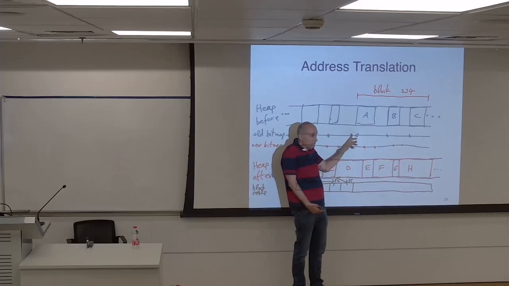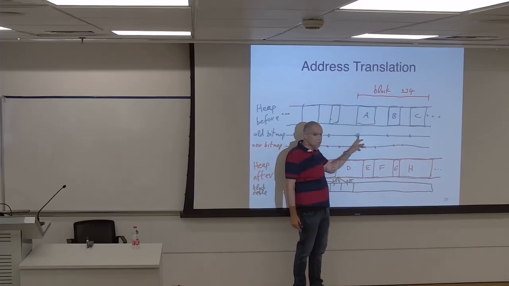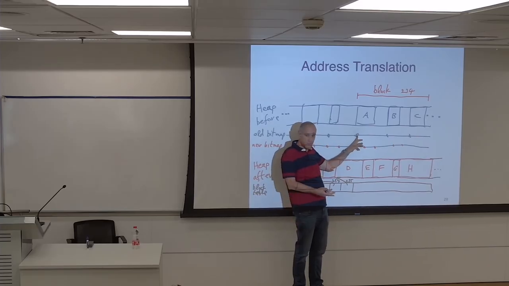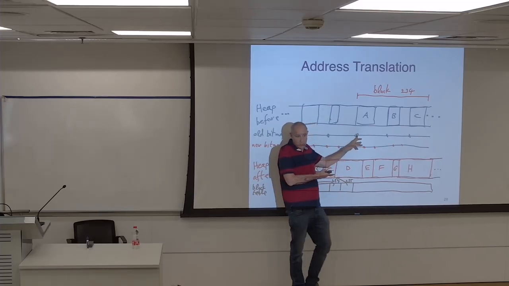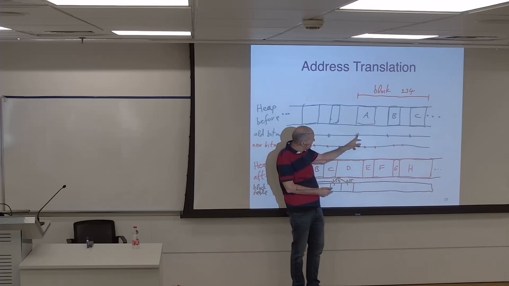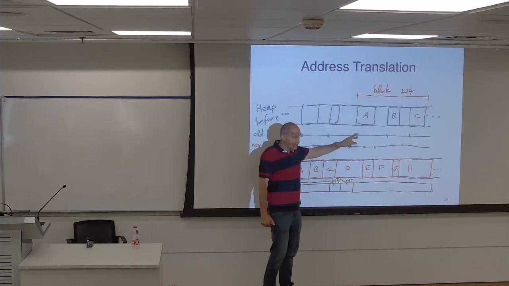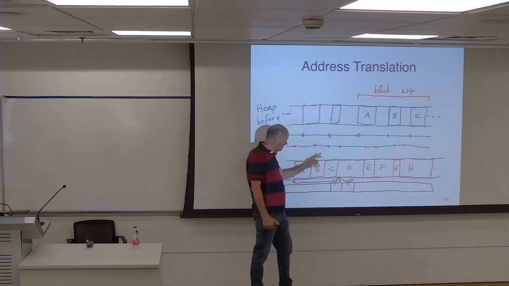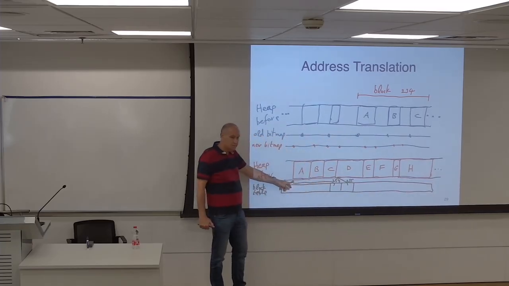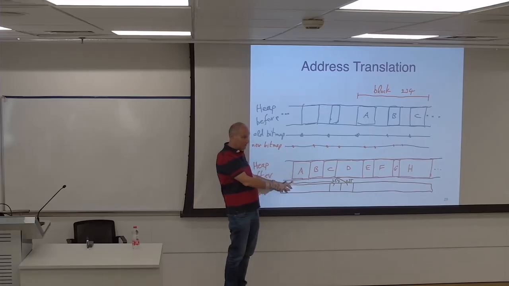I want to know who the first object is. I look for the first bit that is set. This is the first object in the block. So if the first bit in the block is set in the old mark bit, then I know that this object moves to the pointer of the block in the block table.